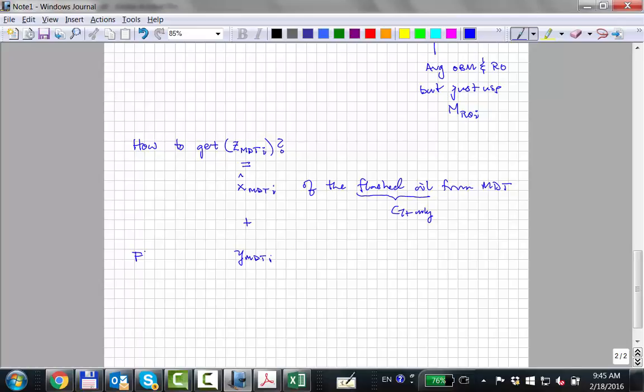This is the flash gas, C6 and lighter components.